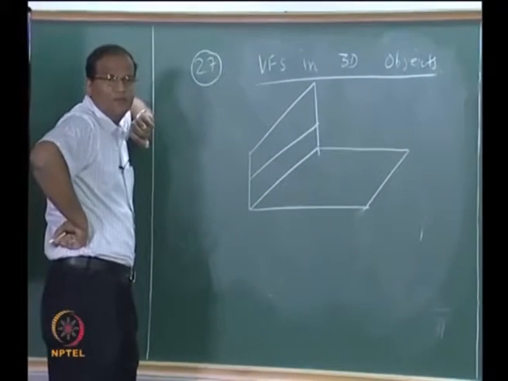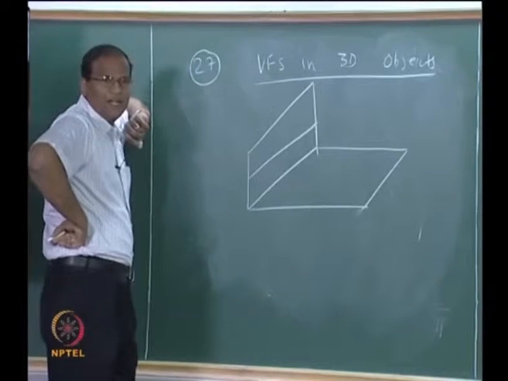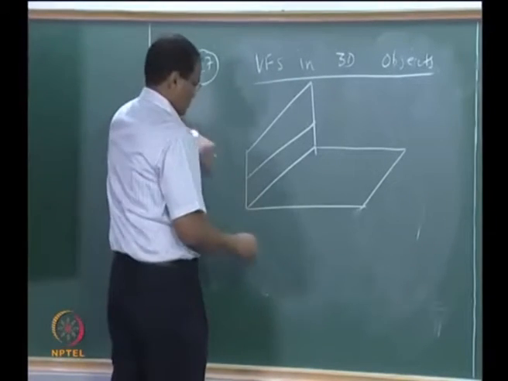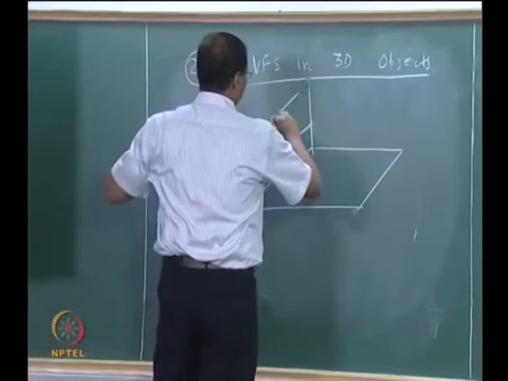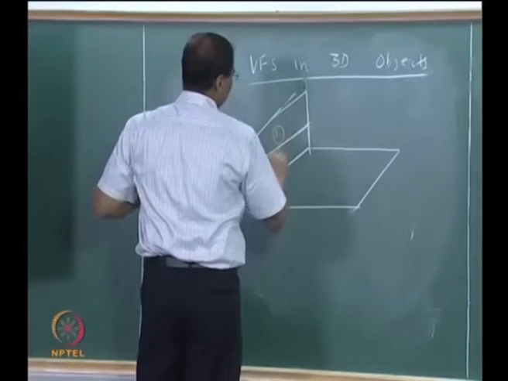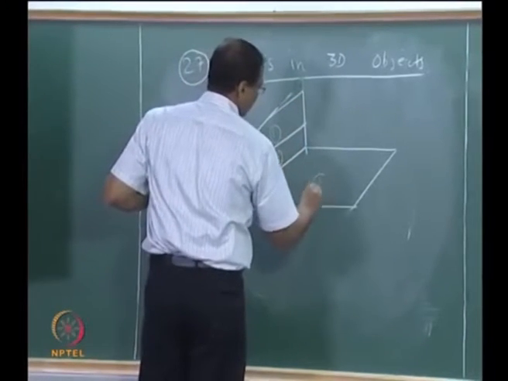Let us consider 2 perpendicular rectangles. It is not really, I have not drawn it. So this is 1, this is 3, this is 2.